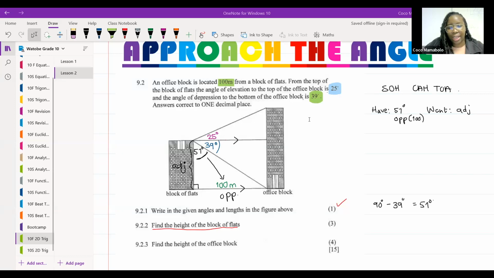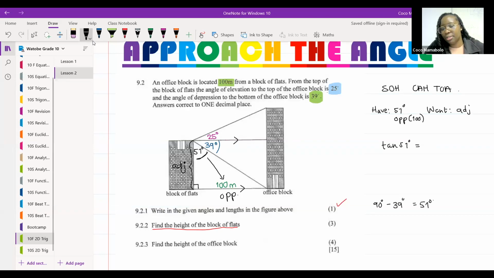So should I construct the equation? Yes. Tan 51 is equal to opposite over adjacent.